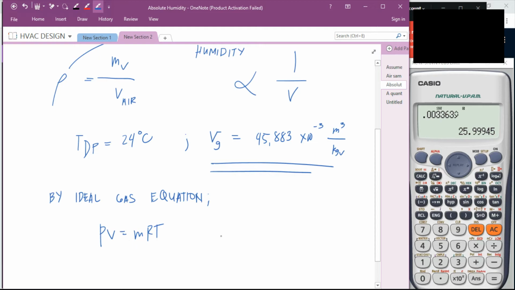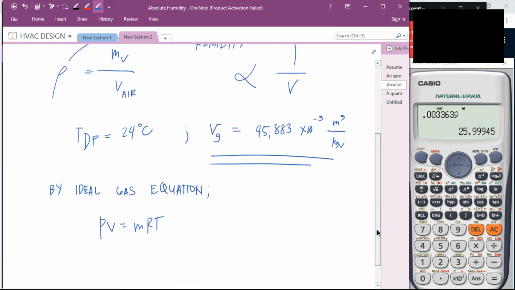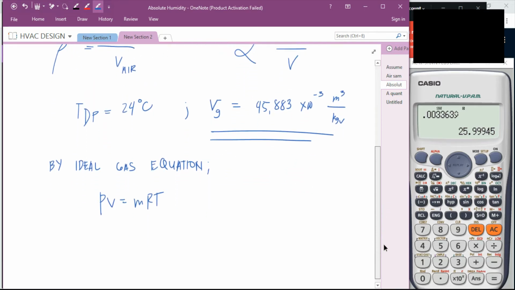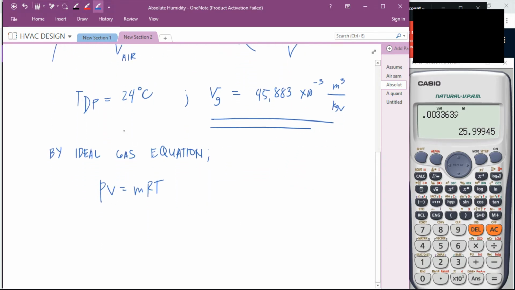Specific naman, okay? Hindi pa natin nakukuha ito muna, by ideal gas. So, by ideal gas, ang hinahanap natin is yung specific humidity which is mv over m.